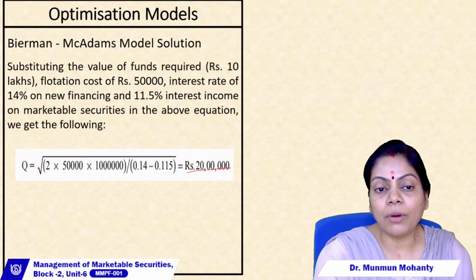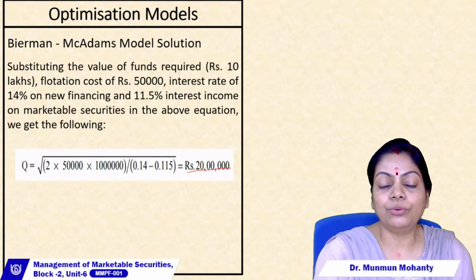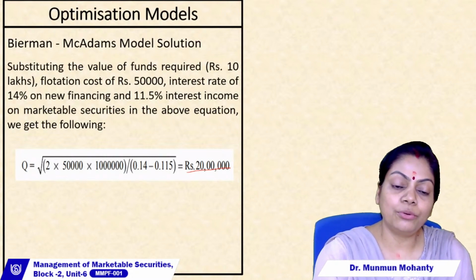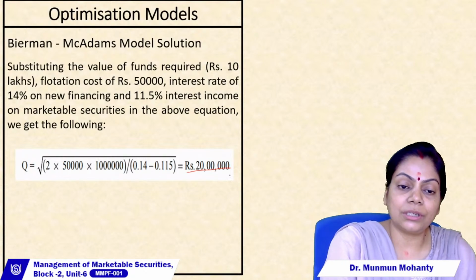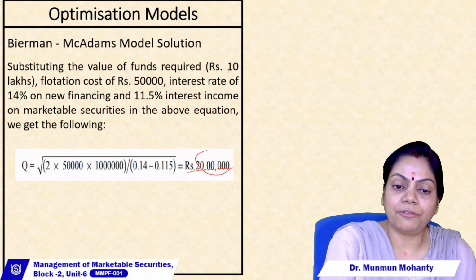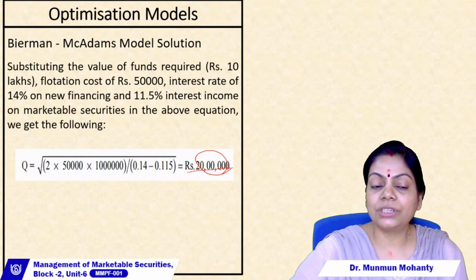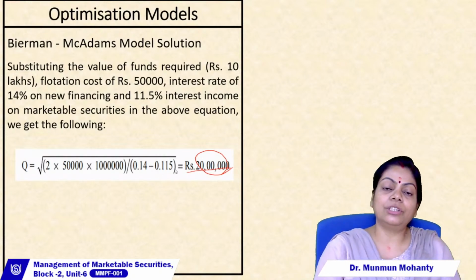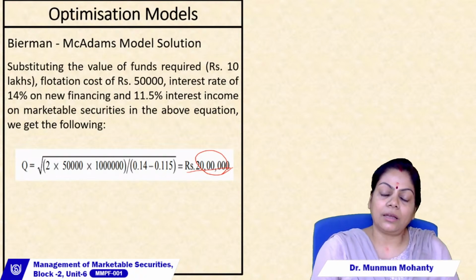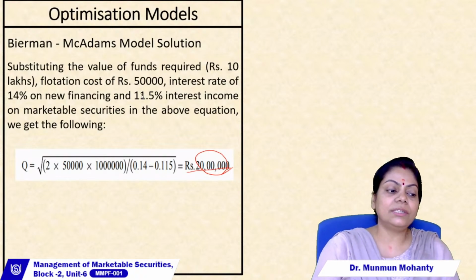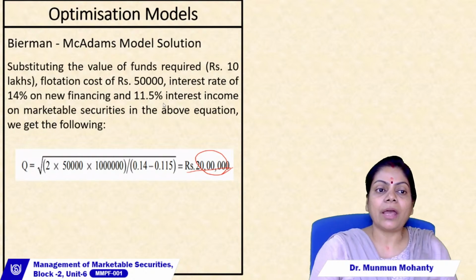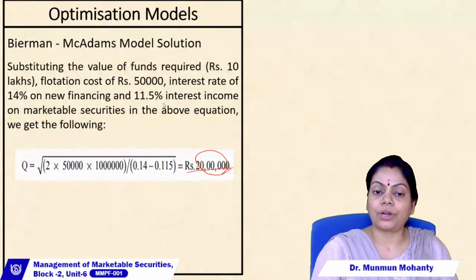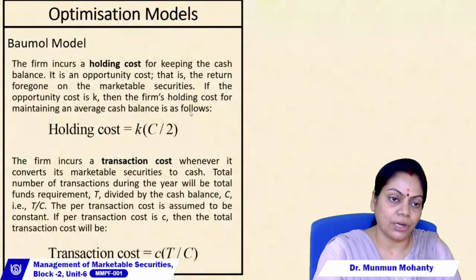So that is the amount that you should be borrowing. We reached that by trial and error, and now through this formula also we are reaching a figure of 20 lakh. So you should borrow 20 lakh in year 0 and another 20 lakh in year 3. This is how the Baumol-Adam model works.